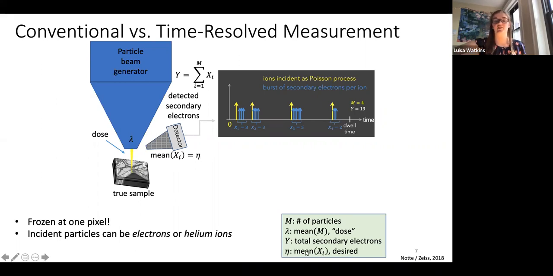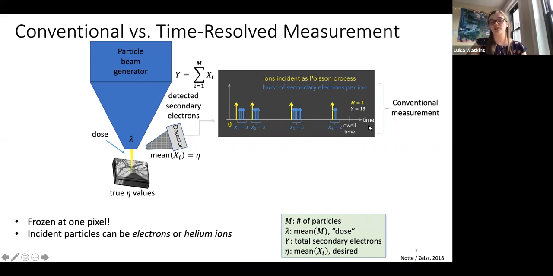That's how we estimate the image: we want a specific eta value for the pixel. So there are true eta values that we're trying to estimate, and we estimate them by using these secondary electrons, which are related to the secondary electrons per ion in this specific way.